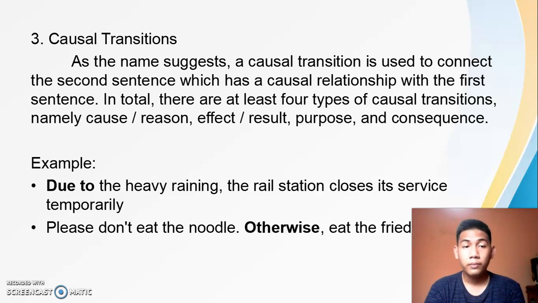Example: "Due to the heavy rain, the railway station closes its service temporarily." And the sentence: "Please don't eat the noodles, otherwise eat the fried chicken."